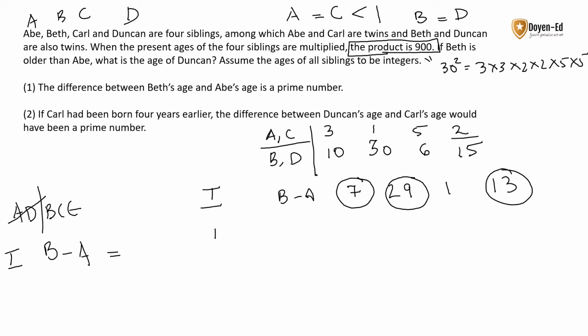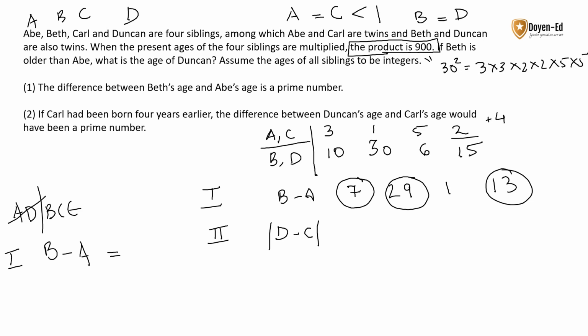Now let's have a look at the second fact. It says if Carl had been 4 years older, that means whatever values we are given here, if it was A plus 4, then the difference between the ages of Duncan and Carl would be a prime number. Now here we're not specified whether it's D minus C or C minus D, so to make it safer, we can apply a mod, so that negative doesn't matter.